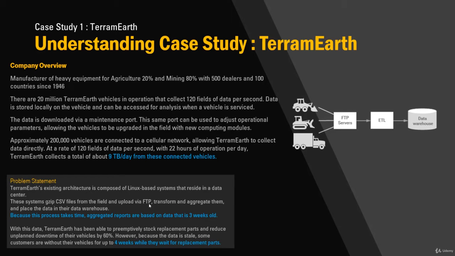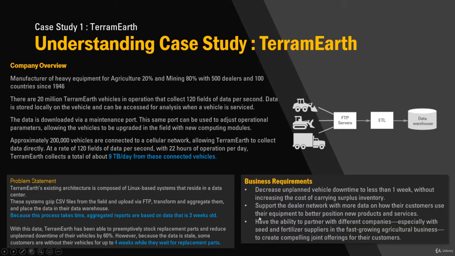However, because the data is stale, some of the customers are without their vehicle for up to 4 weeks because they have to procure it, and ship it, and once it is available, they need to plan to replace that particular part. So the business requirement is to decrease the unplanned vehicle downtime to less than 1 week without increasing the cost of carrying surplus inventory.